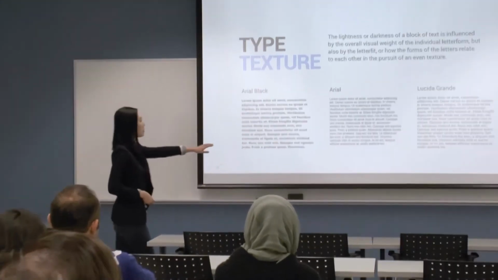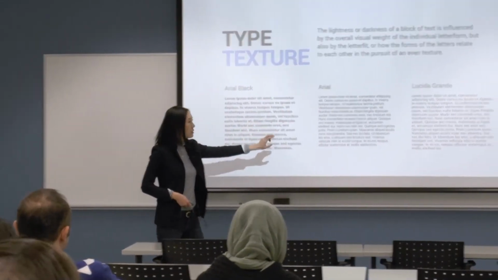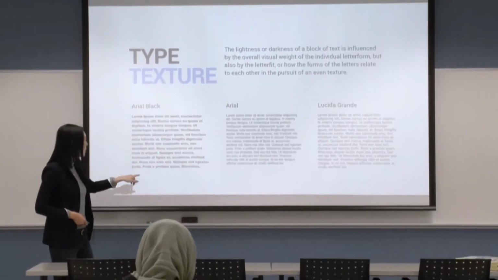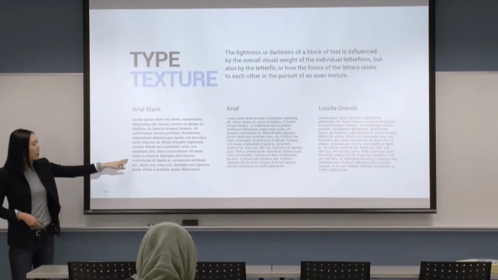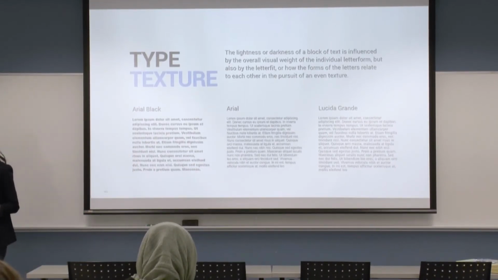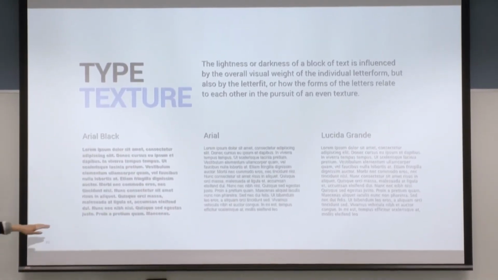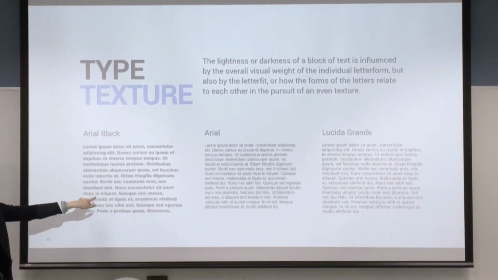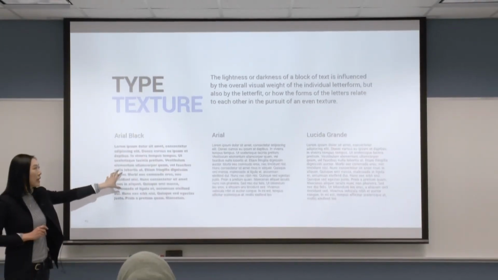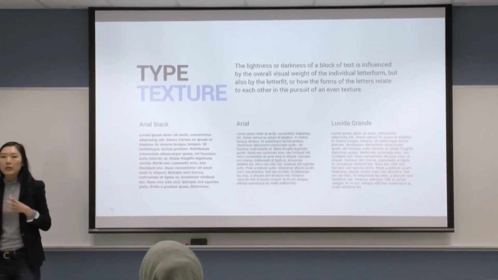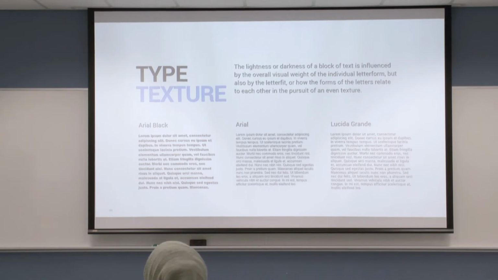The weight of this, so this will probably appear the darkest, second darkest, that one's the lightest. There's a couple of things that you can use to manipulate how dark this paragraph looks, right? First of all, you can use a darker font. So this is Arial Black. It has a thicker weight than Arial. Therefore, it will appear darker.